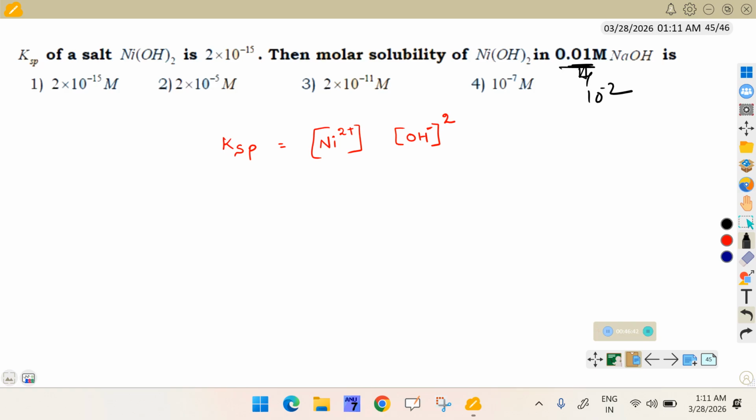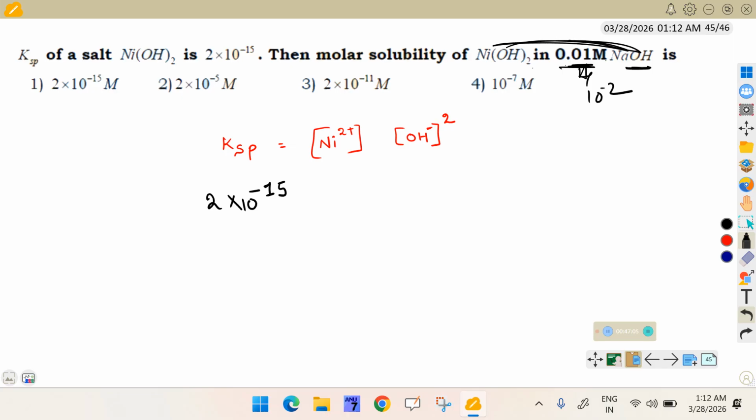KSP of a salt Ni(OH)2. KSP value is given as 2 into 10 power minus 15. Then molar solubility of Ni(OH)2 in 0.01 molar NaOH is. In both cases OH minus ion is common.